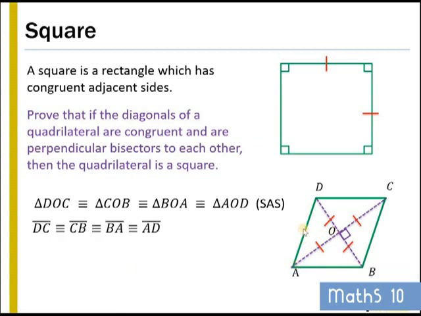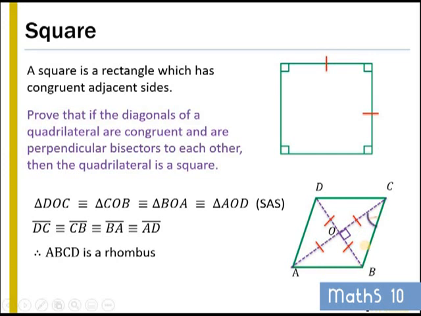So therefore, the length DC, the length CB, the length BA, and the length AD are also all equal. Therefore, ABCD must be a rhombus, because it has 4 sides of equal length. Also, if we take this triangle here, it's isosceles, so this angle and this angle must be equal.